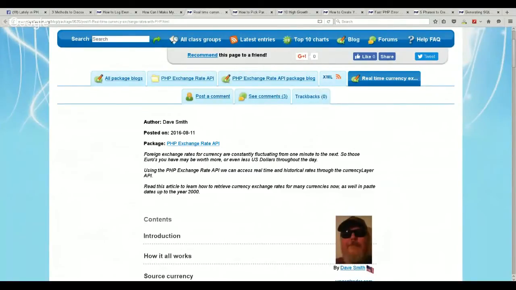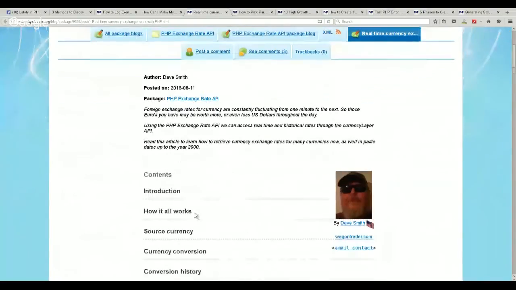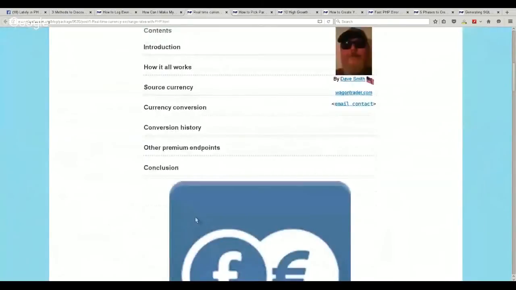One interesting thing is that the API that he is using can even retrieve values from the past up to the year 2000. So if, for some reason, you need to know what the exchange rate was on a past date, this API can address that problem.